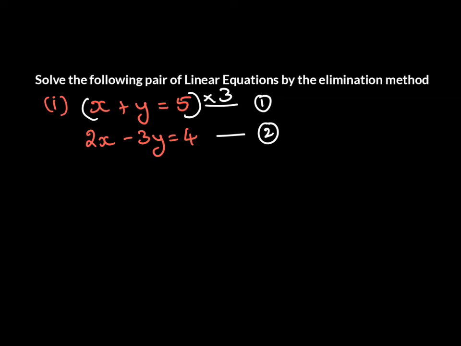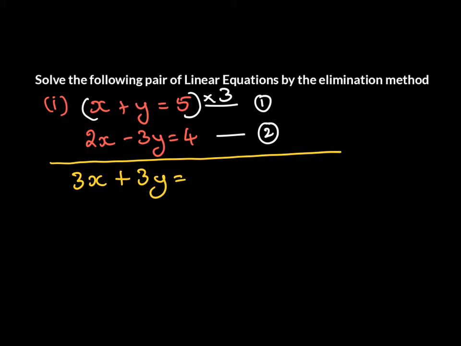Now let's see what happens. When we do that, our first equation becomes 3 times x, 3x, plus 3 times y, 3y, equal to 5 times 3, 15. Our second equation remains the same, 2x minus 3y equal to 4.